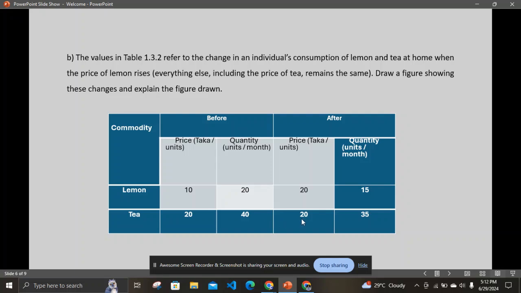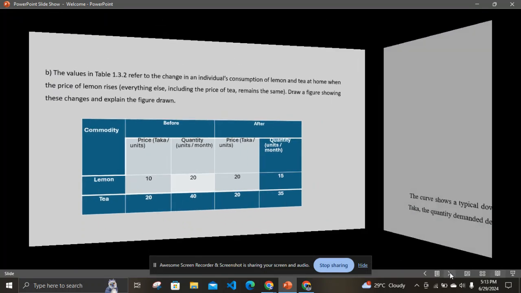But when the price remains 20 taka in the very next month, the consumption is decreased from 40 cups per month to 35 cups per month. So here we can say that this could be an effect of substitute or complement. So let's see the answer or diagram. There we could find the answer.